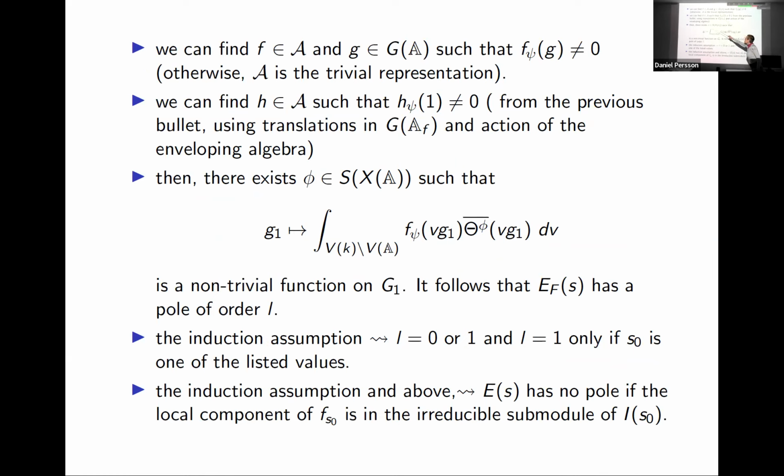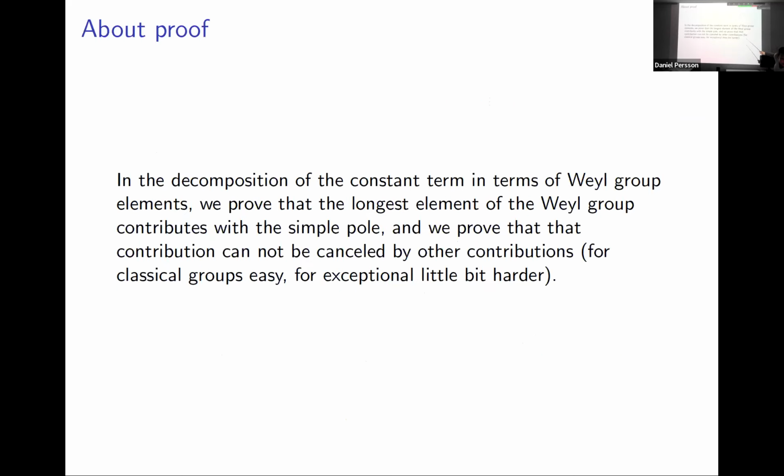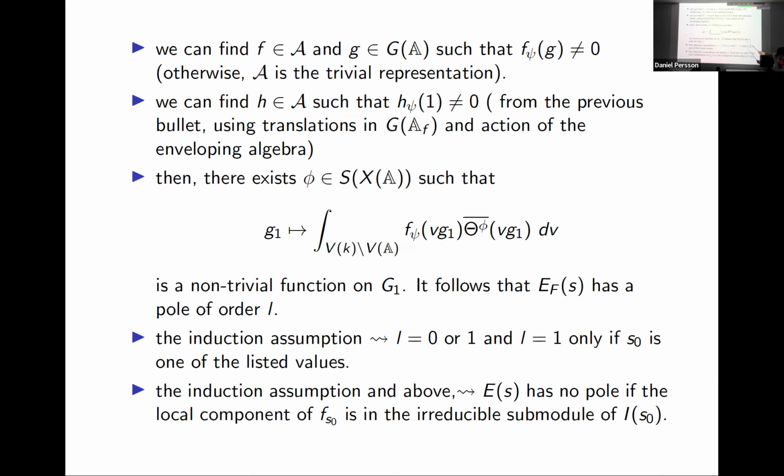And there exists phi such that this is non-zero. But if this is non-zero, when you divide it by S minus S naught to the power L, this expression will really have the pole of order L.